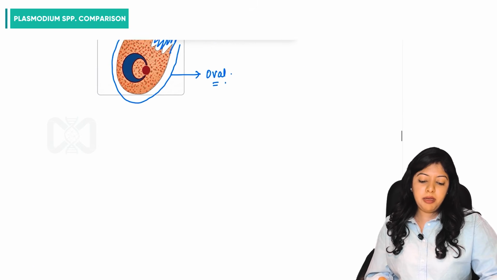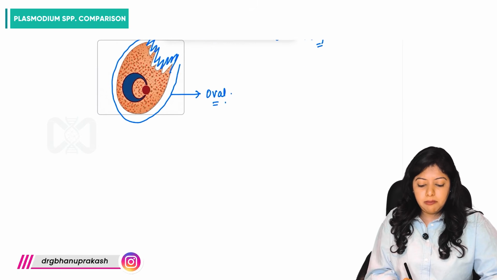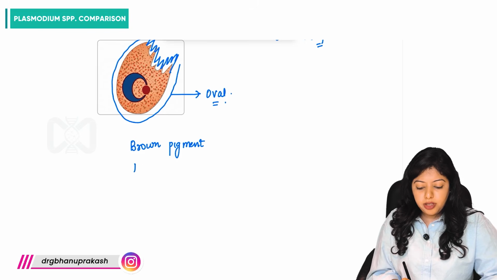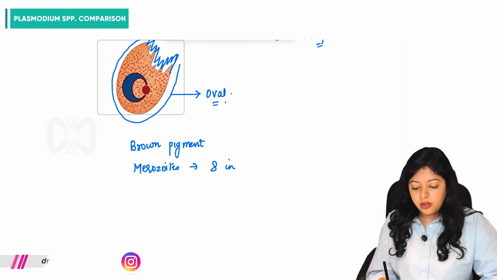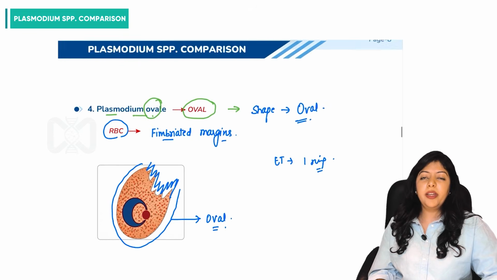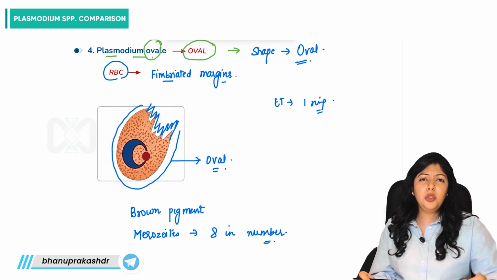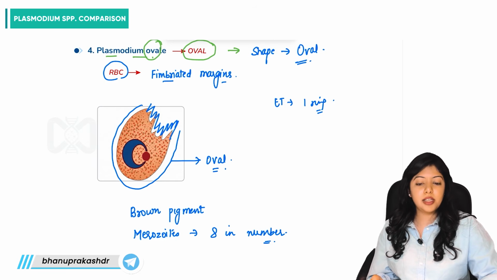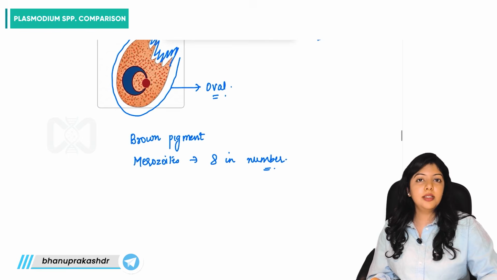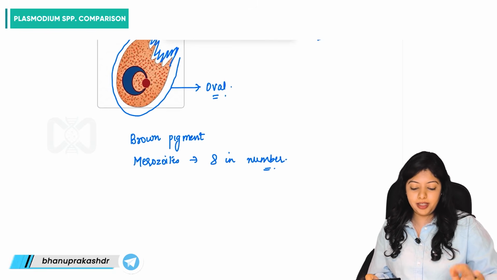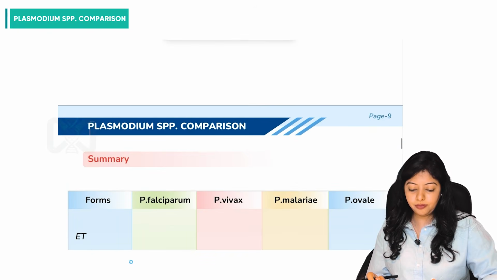And pigment is again going to be the same, brown pigment. Merozoites are going to be 8 in number. So Plasmodium ovale doesn't have its own identity. It is taking a lot of features from other species as well, right? So we will use this as an important point in a later section.